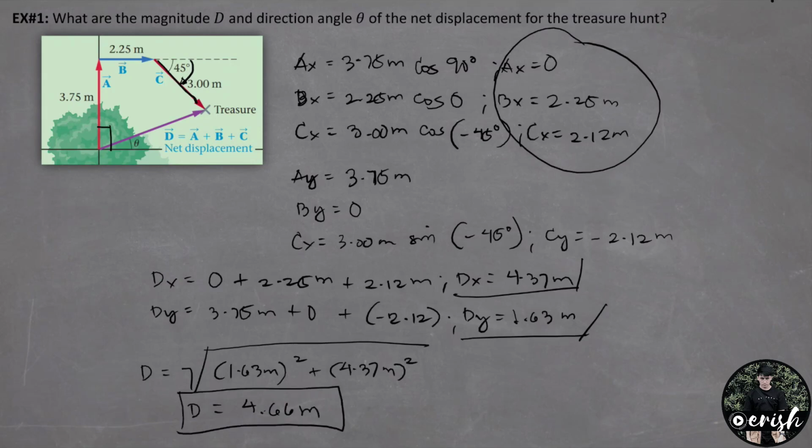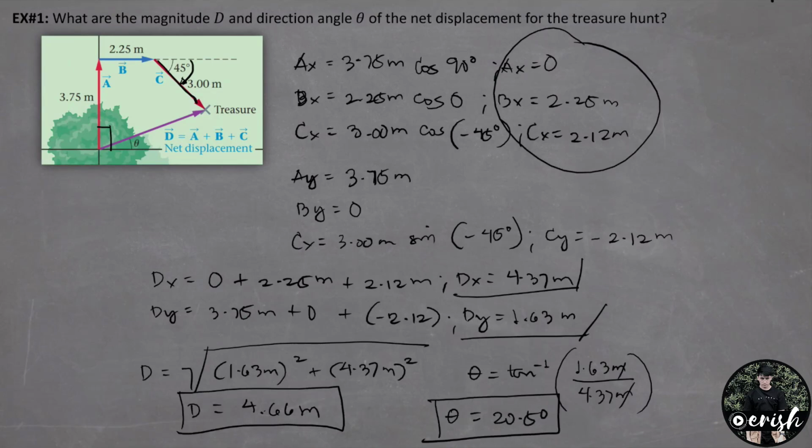For the direction, angle theta is equal to the inverse tangent of 1.63 meters over 4.37 meters. The value of the direction of the vector d is equal to 20.5 degrees.